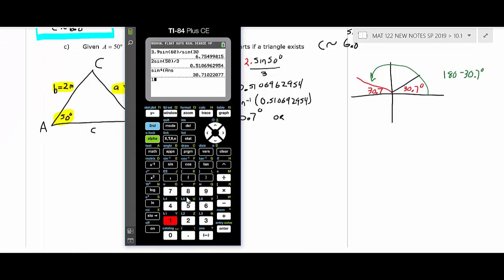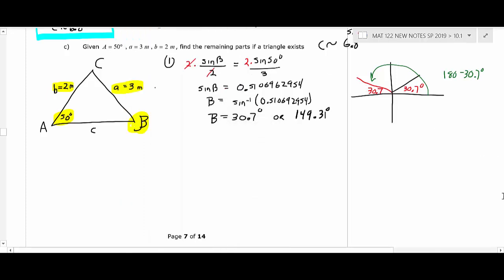So I'll take my calculator and go 180 minus 30.7. That gives me an obtuse angle that might be another possibility, which we'll write down as 149.3 degrees. Again, this statement right here is the key to the law of sines, the ambiguous case. There are 2 possibilities on that problem.